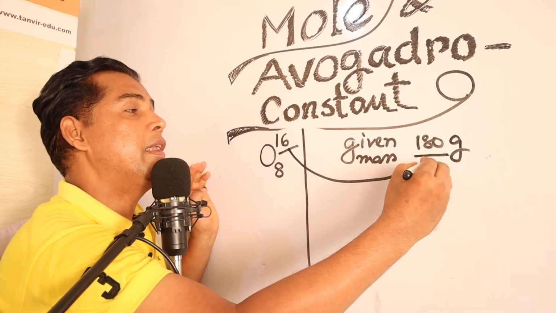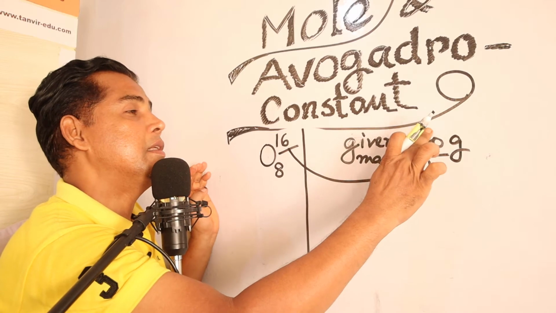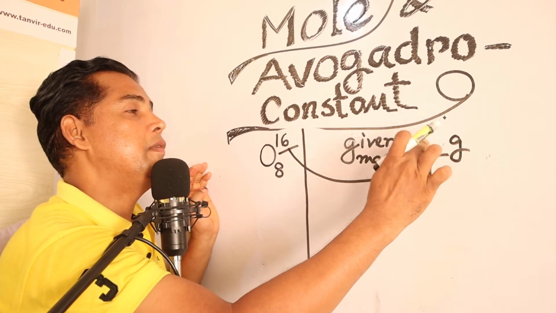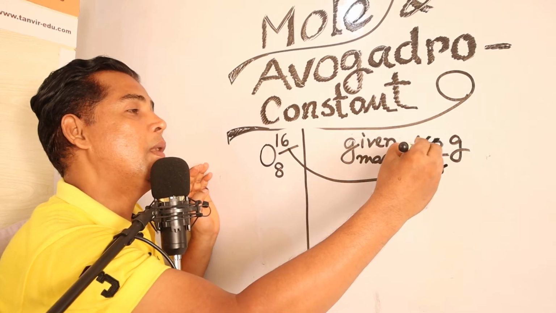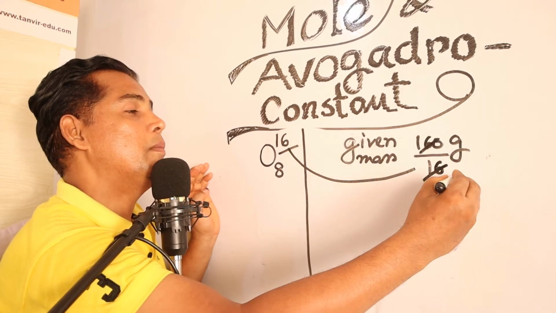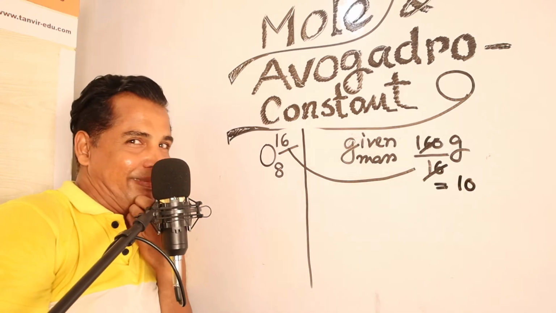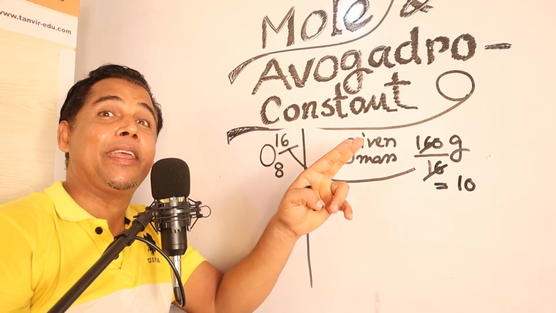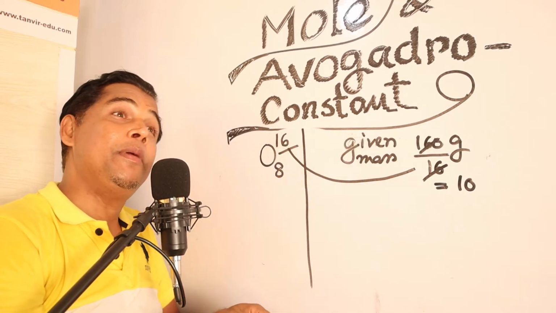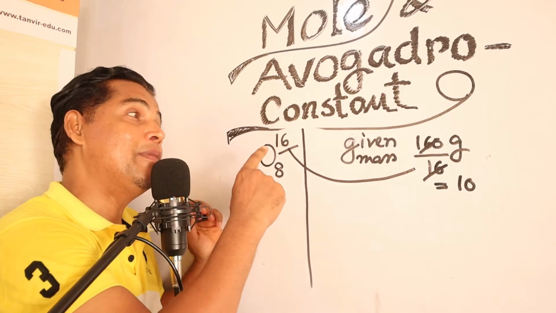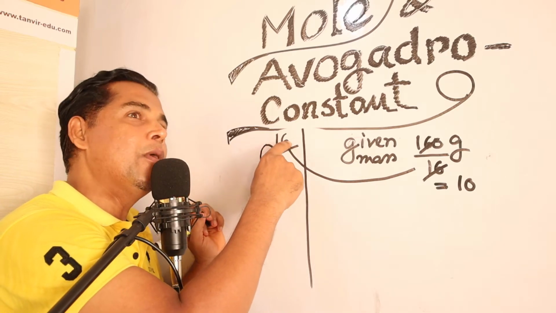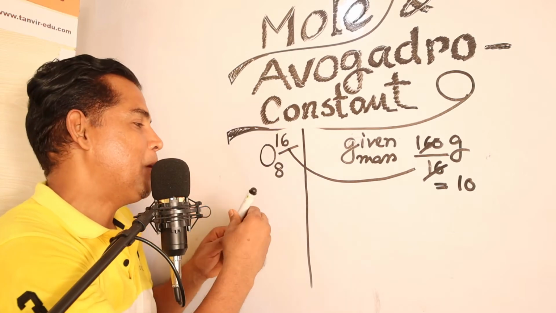If you make it 160, the division will be easier, and that is 16 and 160. So the mole is 10 moles. Simply, the given mass is divided by the molar mass of the atom. In the case of oxygen, the molar mass is 16.